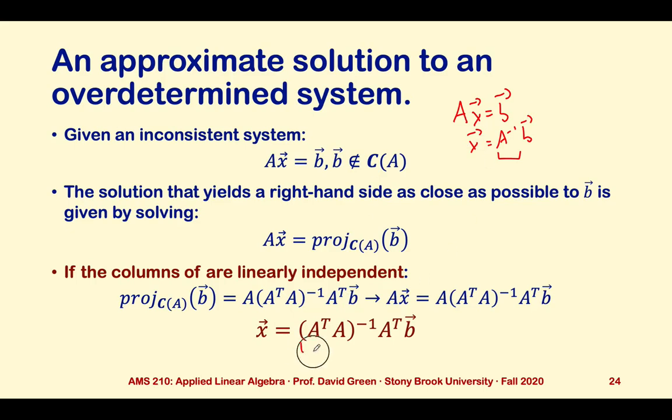Here we have some matrix that we multiply by the right-hand side to give us x. It's a more complicated looking matrix, but there's a conceptual similarity.